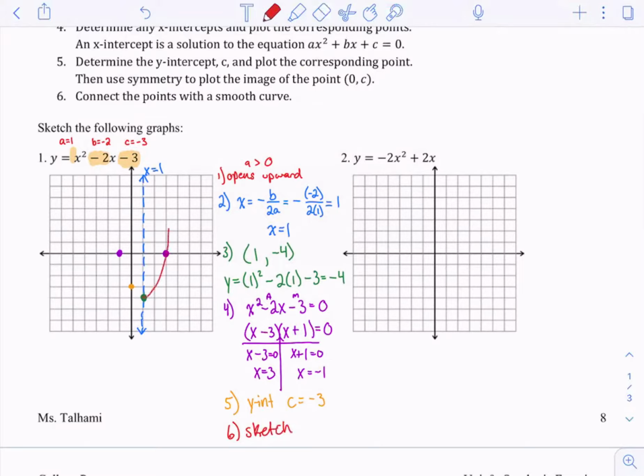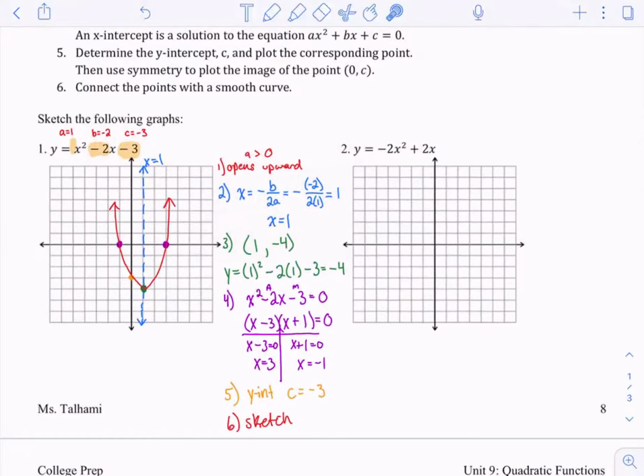So really it looks something like this. That's open upwards. So notice it's open upwards. My axis of symmetry is at +1. My turning point is at (1, -4). My x-intercepts are at 3 and -1. My y-intercept's at -3, and now I just sketched it.